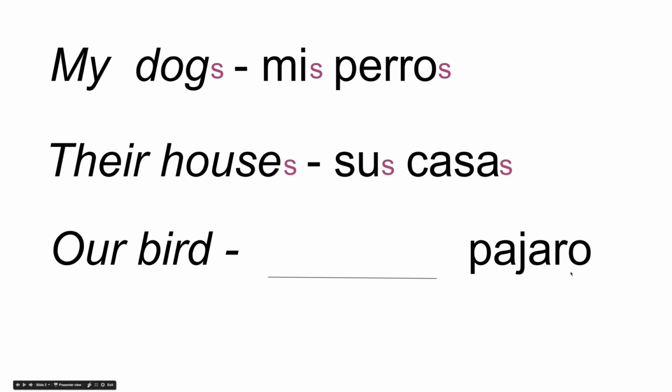Nuestro. There it is. Nuestro pájaro. One bird, multiple owners. Just because this is more than one person, you don't automatically use the plural.